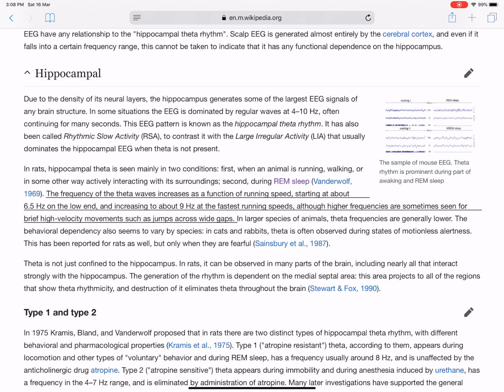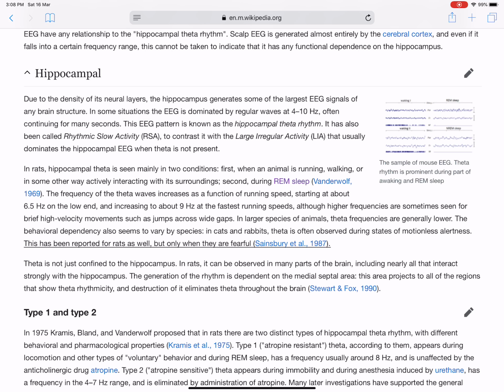In larger species of animals, theta frequencies are generally lower. The behavioral dependency also seems to vary by species. In cats and rabbits, theta is often observed during states of motionless alertness. This has been reported for rats as well, but only when they are fearful.